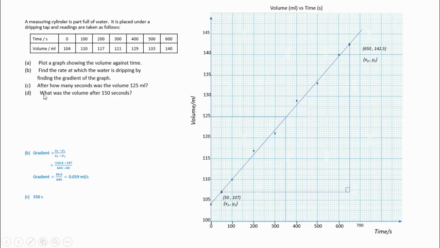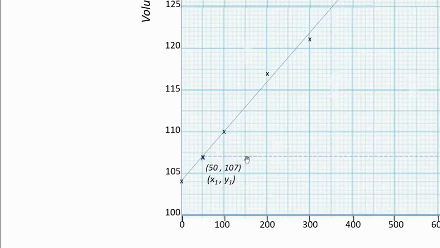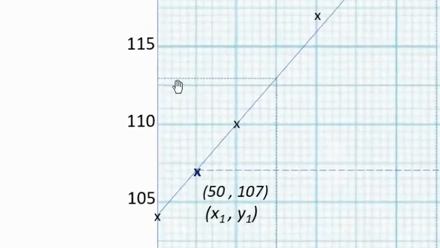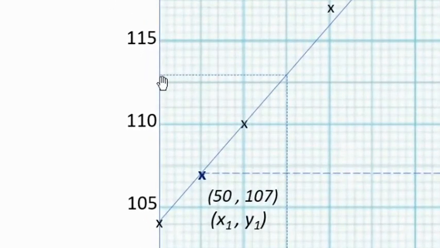And then for D, what was the volume after 150 seconds? On our time scale, we're looking for 150 seconds. Follow that line until you get to where your line of best fit is and read the value of the volume from this scale.